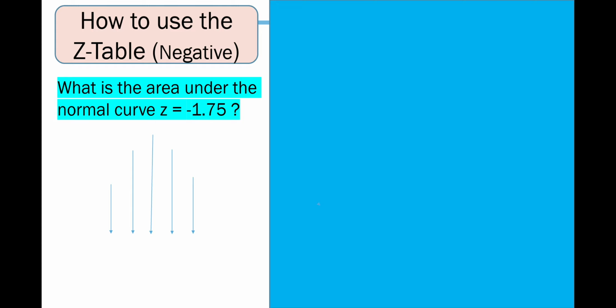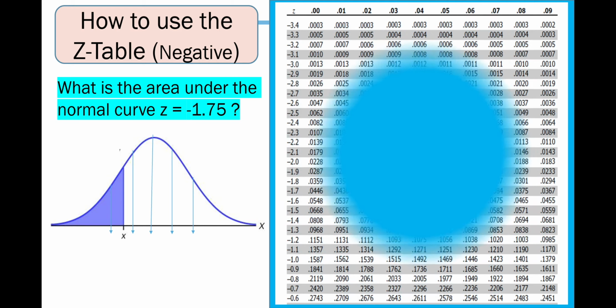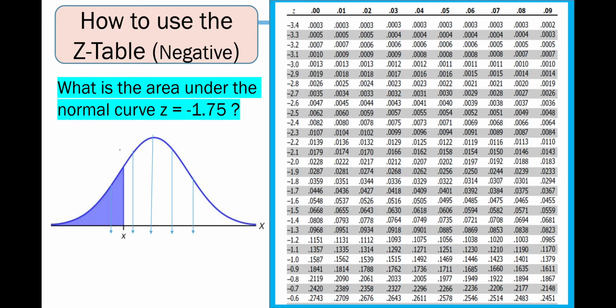How to use the z table for the negative value? For example, we're going to find the area under the normal curve where z is equal to negative 1.75. So we have here the bell shape or the normal curve. Using the negative table, we're going to locate negative 1.7 on the left side and the remaining 0.05 at the upper part of the table.